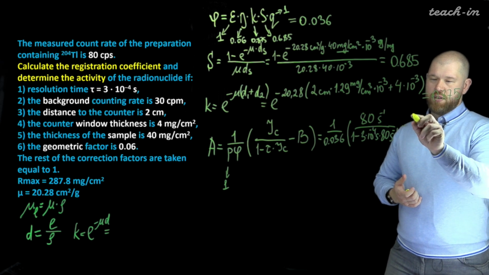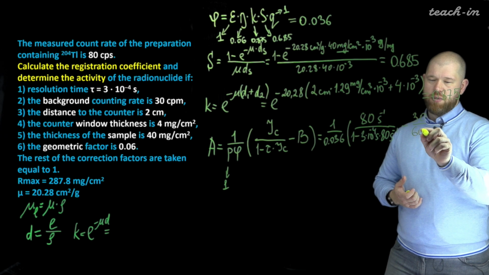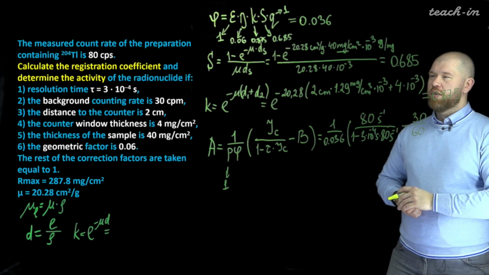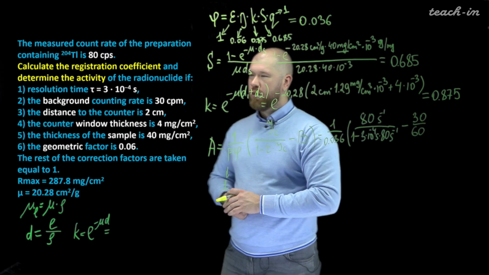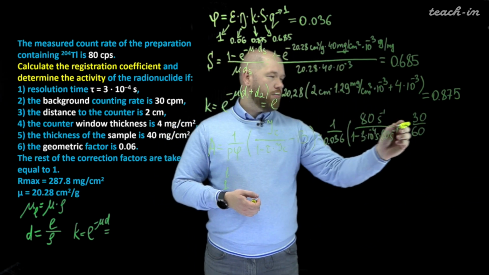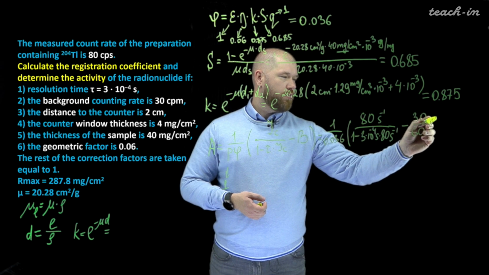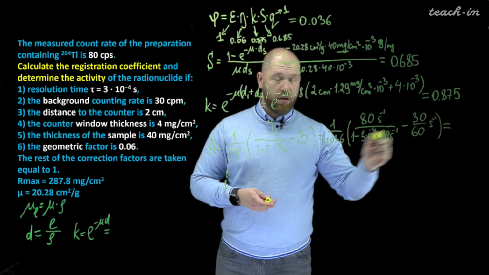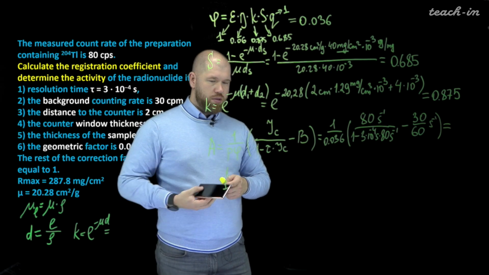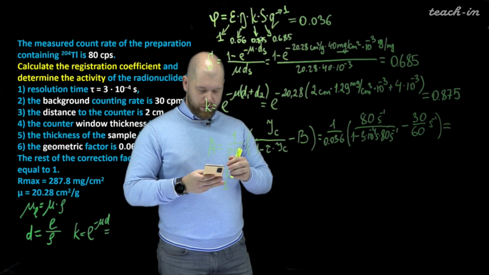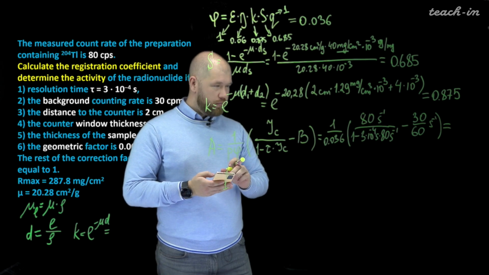It is easy to calculate because we just divide it by 60, that means 60 seconds per minute. And so we will get this. And thus we can calculate the absolute activity of our sample.